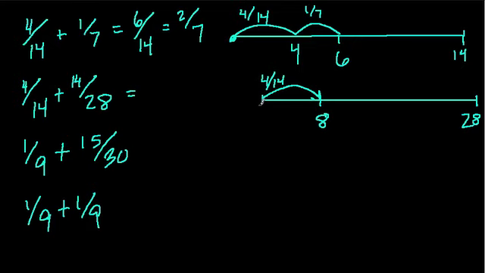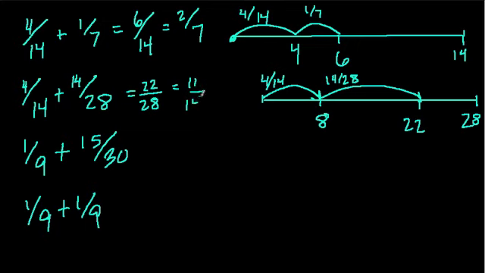And I want you to think about why that makes sense. 14 28ths will hop up directly 14 spaces. 14 28ths, and we'll hop up 14 spaces to 22. And this time, our final answer, we added 4/14 and 14/28, and we'll get 22 out of 28. And if I reduce that, I get 11/14.